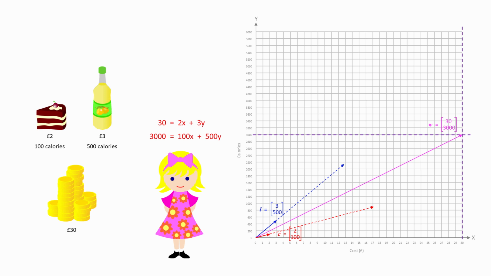One final thing you might like to consider. Suppose that Beatrix is determined to carry home exactly 5 kilograms worth of goodies. She could come up with a third equation, expressing the total weight she wants to carry in terms of the weight of a slice of cake and the weight of a litre of lemonade. She would then have 3 equations with 2 unknowns.